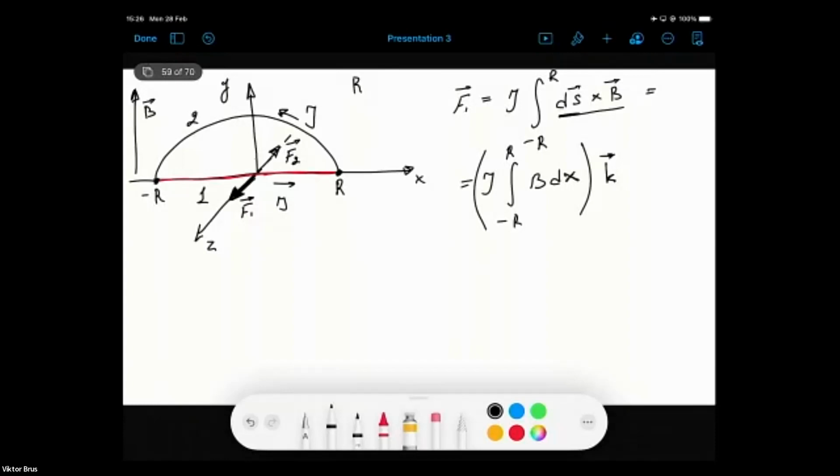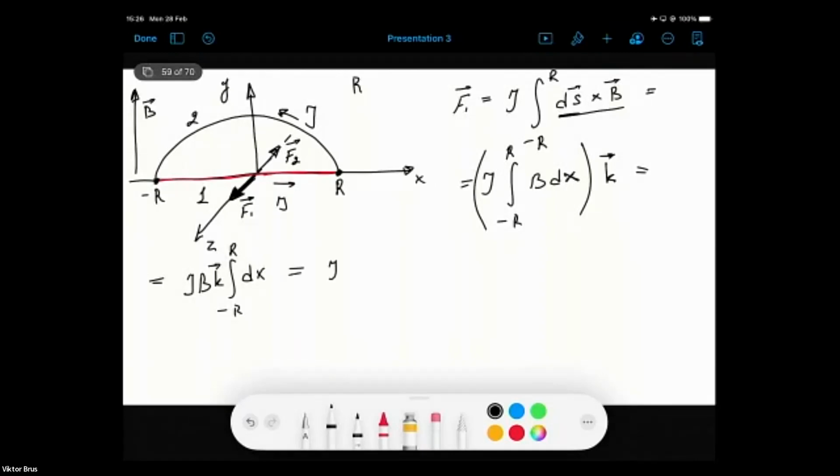So now we need to integrate this, and we will get the following. Actually, we can take b out of the integral because it's a constant. So we have I times b, integral from minus r to r dx, and here we can add also unit vector k.